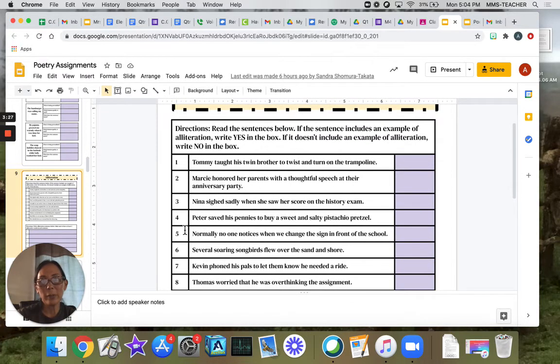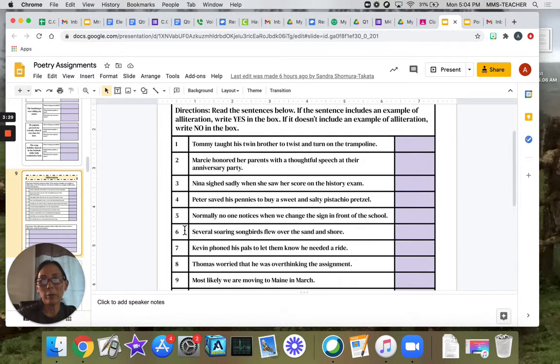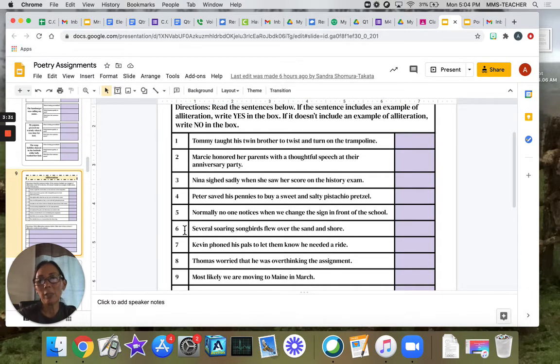Okay, so number 1. And remember, for alliteration, we're looking at the beginning initial sound, okay? And it has to be a consonant sound. So we're not looking for the beginning to be a vowel. Vowels are A, E, I, O, and U. So remember, it's a consonant sound at the beginning, and it's a repeated consonant sound.